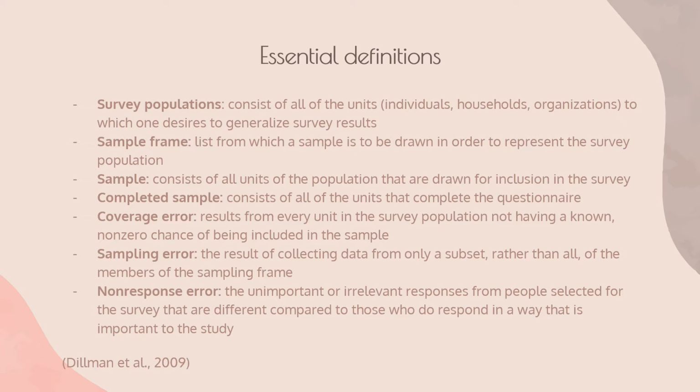And the non-response error is the unimportant or irrelevant responses from people selected for the survey that are different compared to those who do respond in a way that is important to the study. In other words, it's just the responses which are irrelevant or the answers show that the question was misunderstood by the sample.